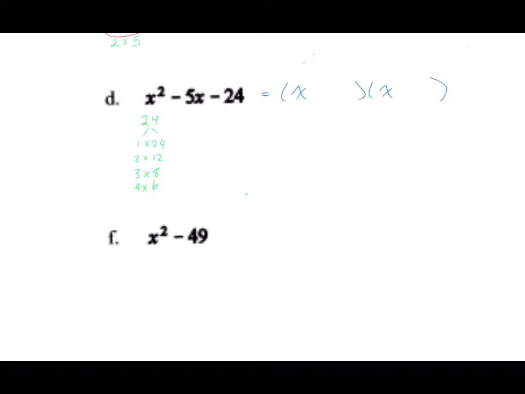So we need two numbers that add to negative 5. So we're going to use 3 and 8. So we're going to put 8 and 3 in there. And we have to figure out what it's going to be. In order to make it negative, I have to have negative 8 and plus 3. And that's what we're going to put in our brackets because there is only one negative and one positive for our result, because our final answer is negative 24.